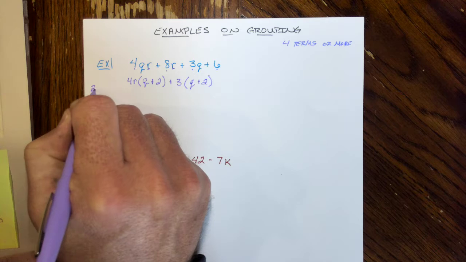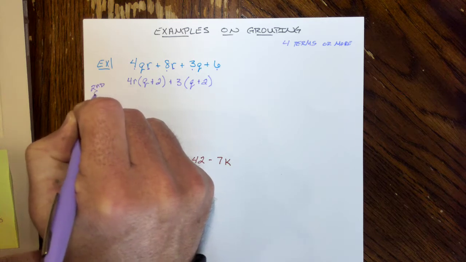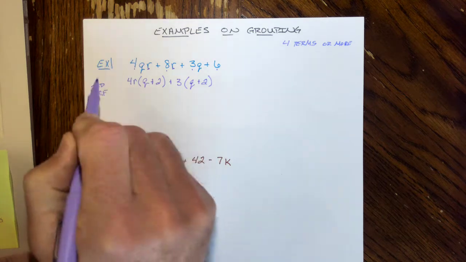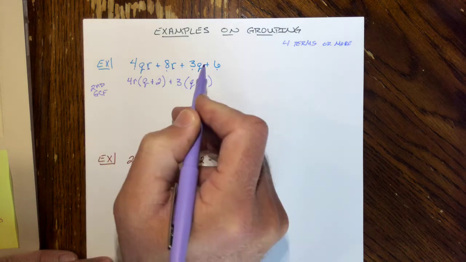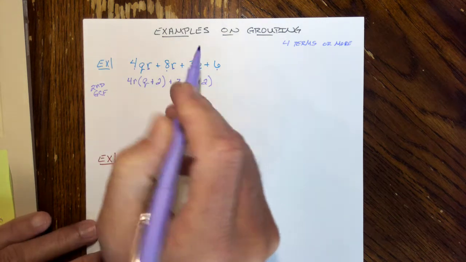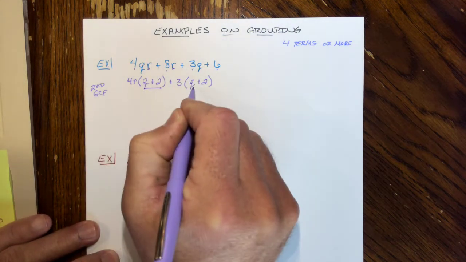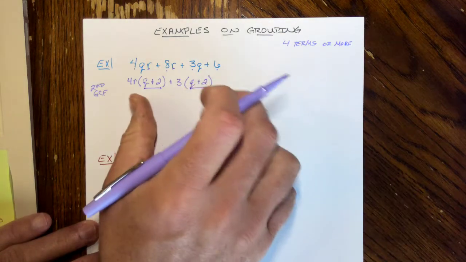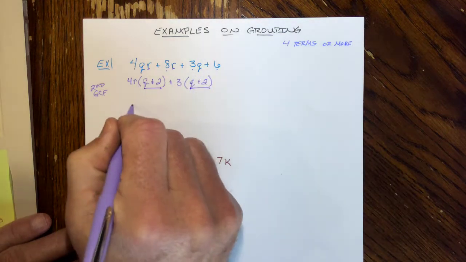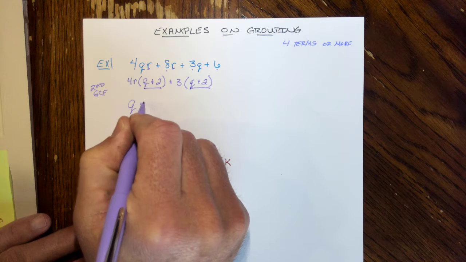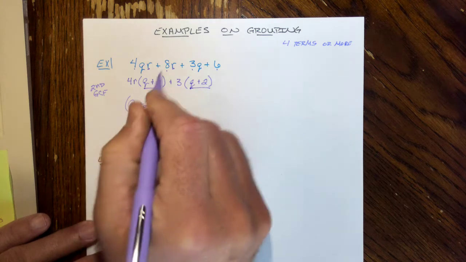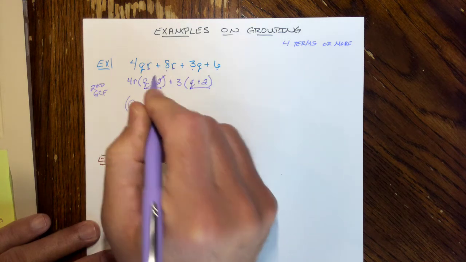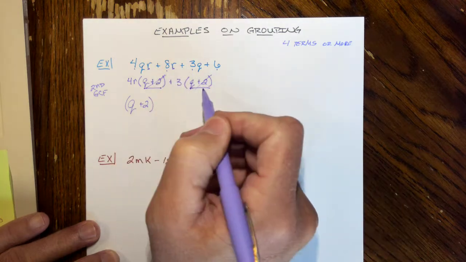This will be our second GCF line. We did a GCF here, third if you really want to get technical. But I see this and this common, so it gets factored out. Q plus 2, we used it. Gone. Factored out.